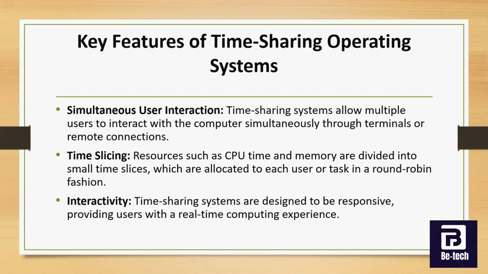Time slicing uses the concept of process scheduling, where the CPU is allocated a particular amount of resources, and it needs to access the process, and it accesses the process effectively. So this is how the CPU uses time to process every single process of every single user.